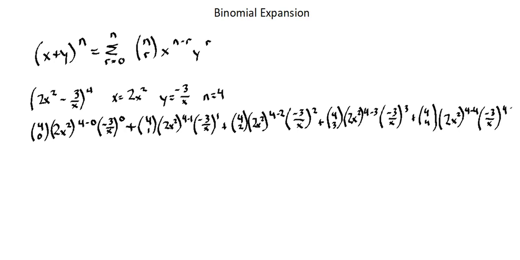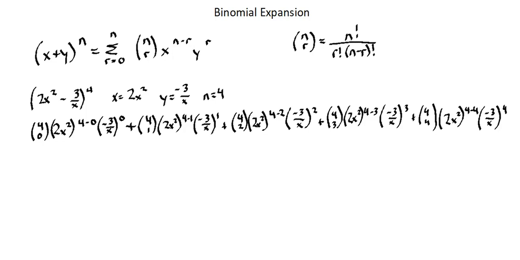Now that's a long expression with a lot of opportunity for simplification, which is our next step. For our simplification, we need to understand the binomial coefficient. As a reminder, up at the top of the whiteboard, I'll show the binomial coefficient procedure: n over r equals n factorial over r factorial times n minus r factorial.